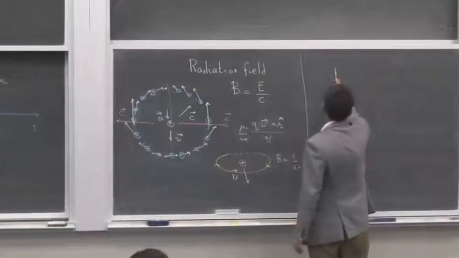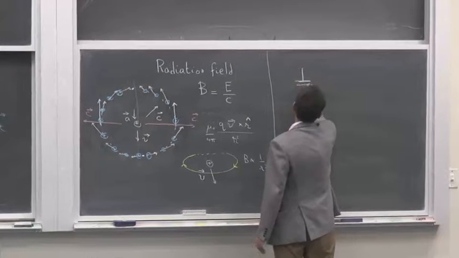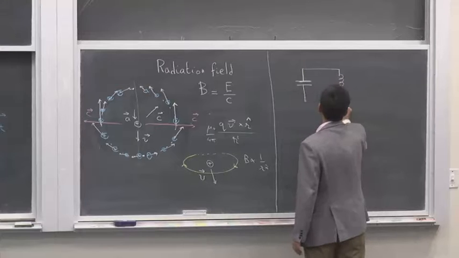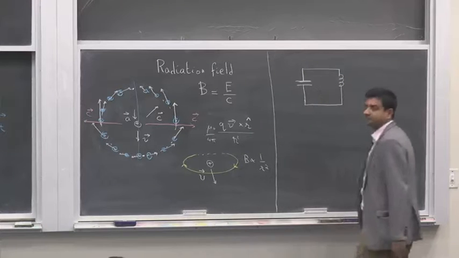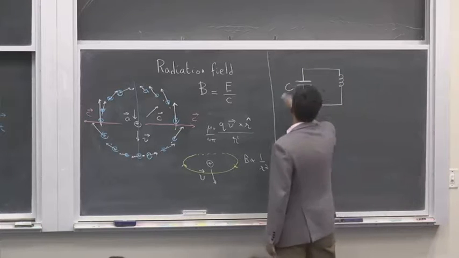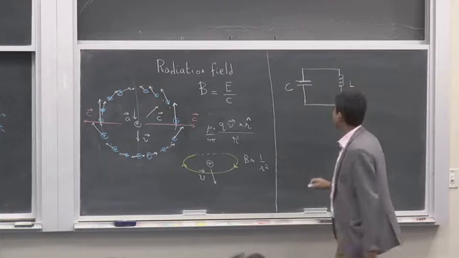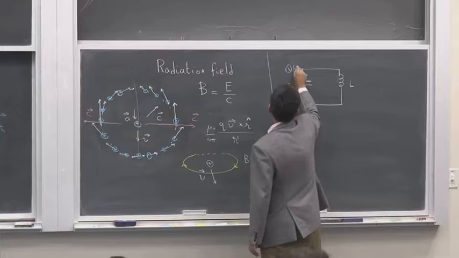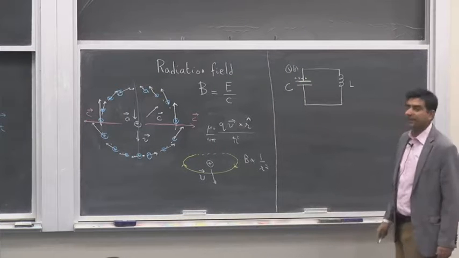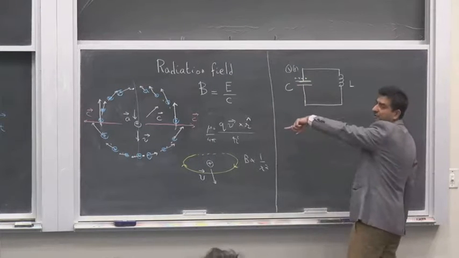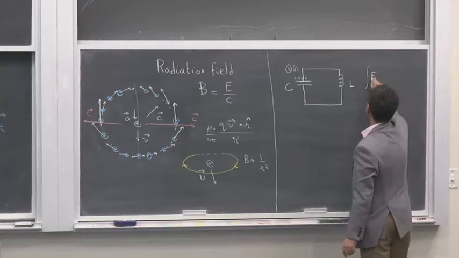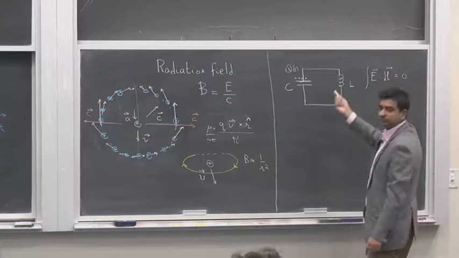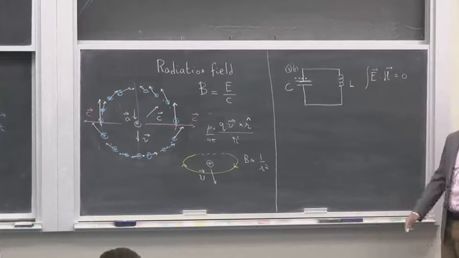Suppose I have a capacitor and I have an inductor. The capacitance is C, the inductance is L. The charge on this capacitance is Q, which could be a function of time. Now if I write Kirchhoff's voltage law, which means that if I use Maxwell's equation, Faraday's law, the integral of E dot dl across this path has to be 0, because it's a conservative electric field.